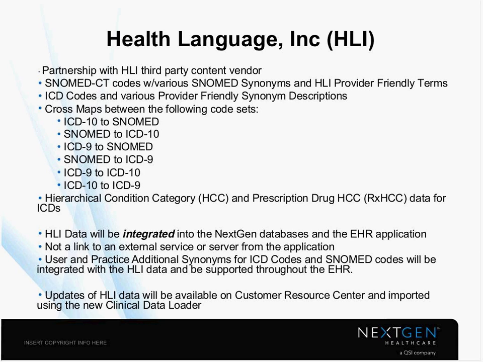More importantly, they're going to supply us with the cross mappings between the following sets. You're going to have ICD-10 to SNOMED, SNOMED to ICD-10, ICD-9 to SNOMED, SNOMED to ICD-9, ICD-9 to ICD-10, ICD-10 to ICD-9. Think for a minute. They're going to create all of these tables, 70,000 codes, so to speak, just in the ICD-10 value, and correlate that with all the codes and all the clinical terminology that exists out there from a medical perspective.